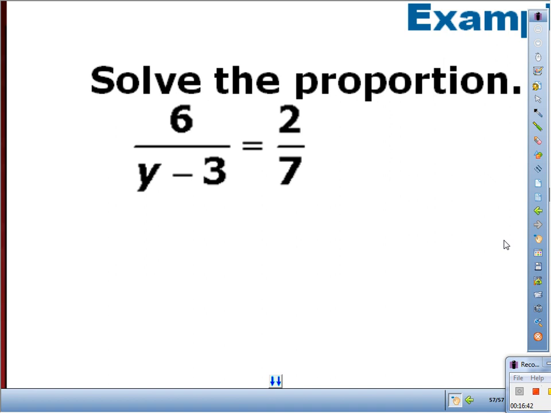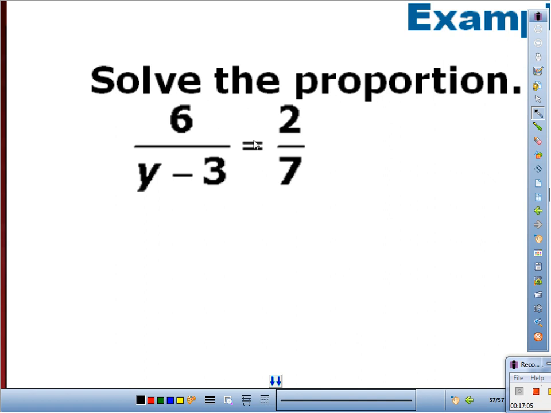You got -6, and then you get -6y, and you got 14. I got 8. Let's see.